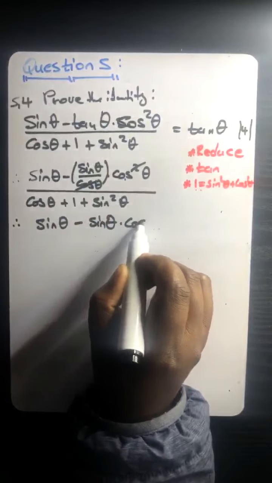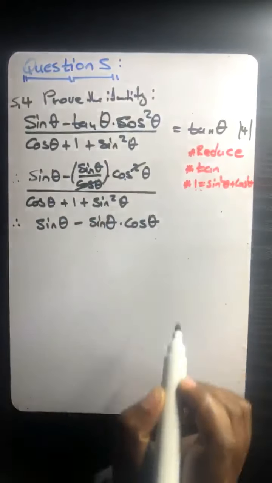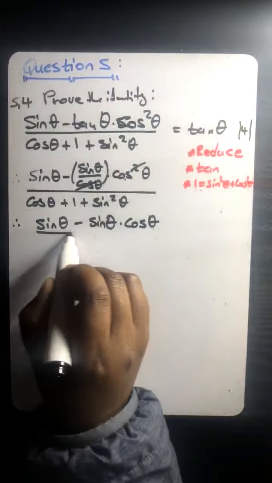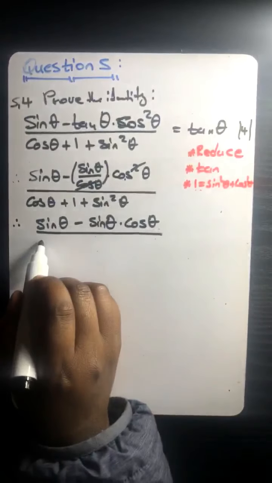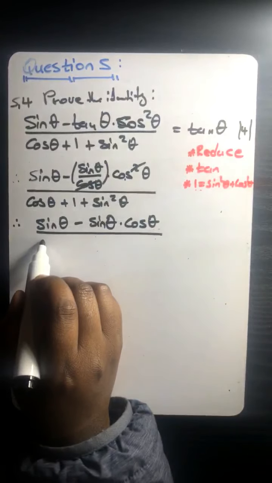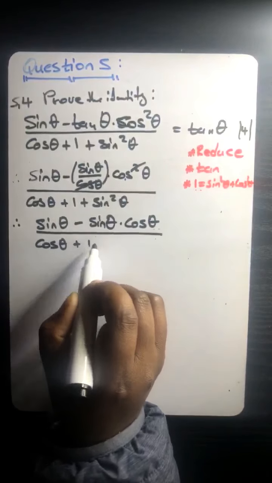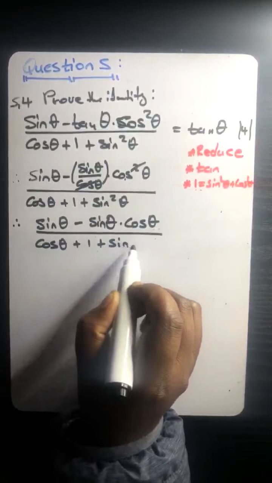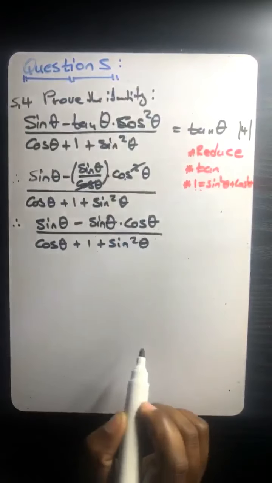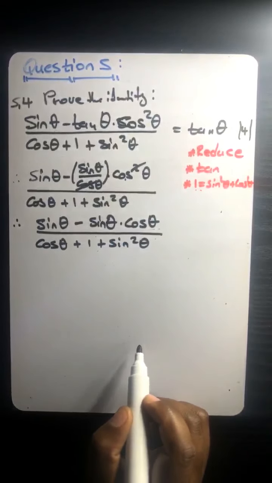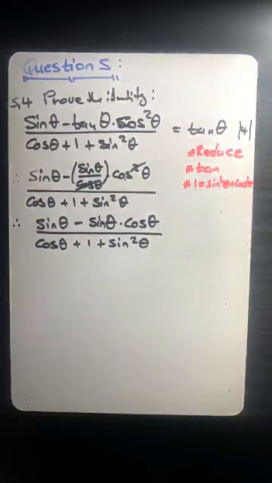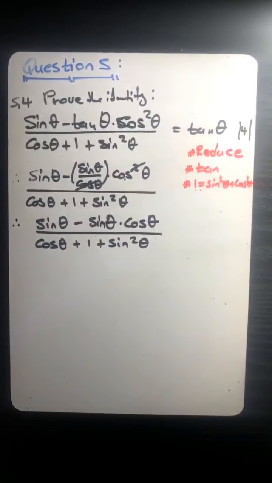So this is multiplying a cos of angle, over here we are having a cos of angle plus 1 plus sine squared angle. Does this step make sense to everyone, guys, or am I losing you there?